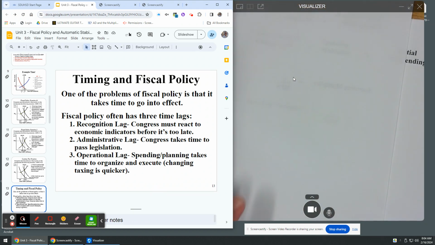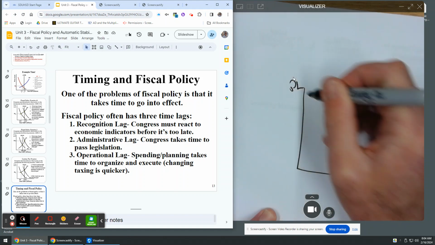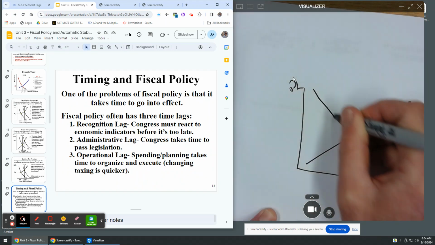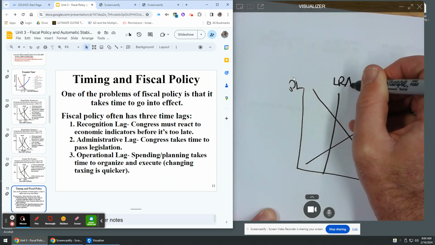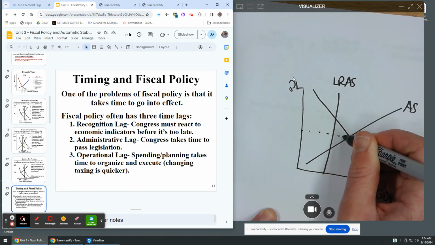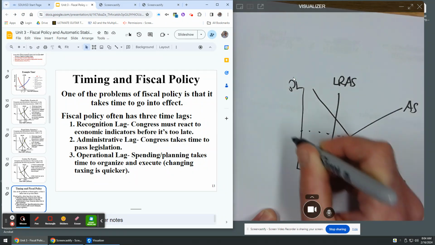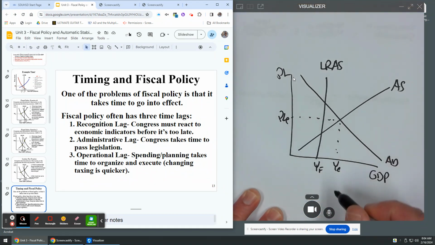Well, if I'm operating in a positive output gap, let's indicate it here, with our price level, GDP, AS, AD, long run aggregate supply, and we have our YE, YF, and a price level. Here I'm in a positive output gap.